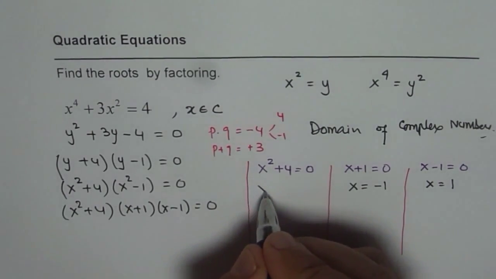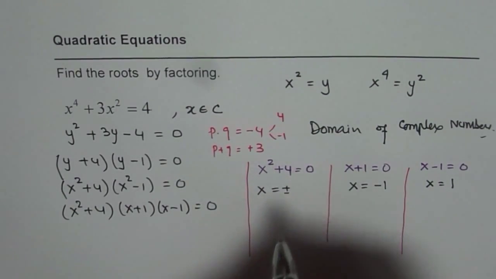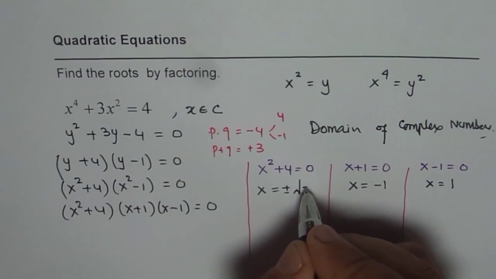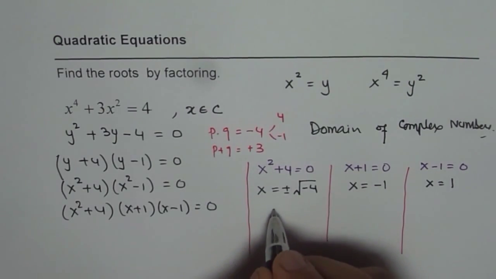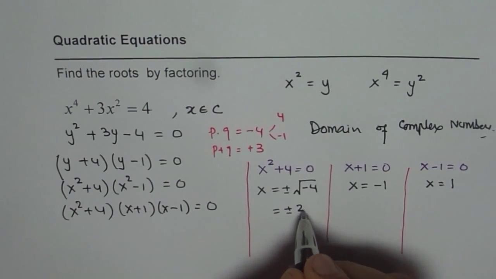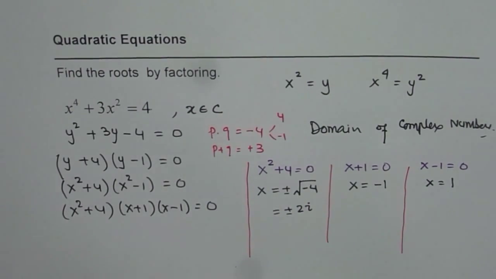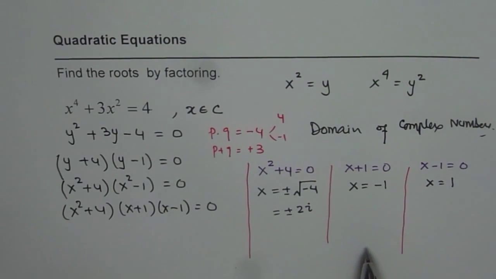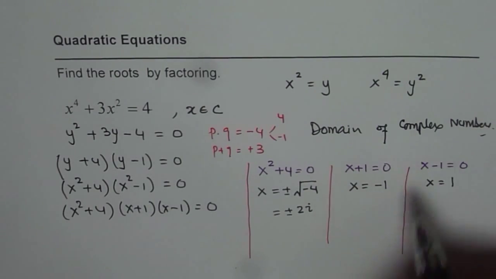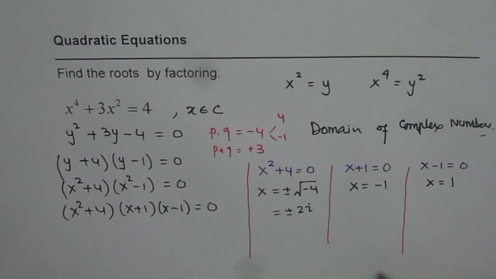So we have here x equals plus and minus square root of minus 4, which equals plus and minus 2i, correct? So in the domain of complex numbers, we have four solutions for the equation, and in the domain of real numbers, there will be only two solutions.